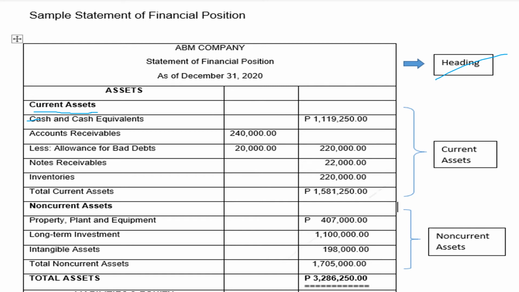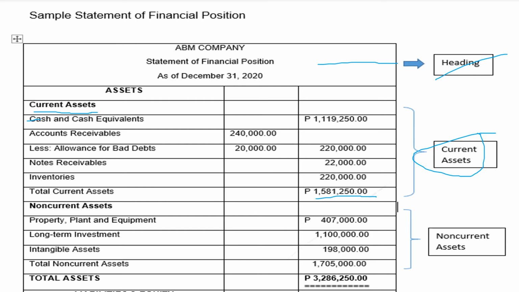So we have here a total current assets of 1,581,250. So this is the total current assets, as we can see here.